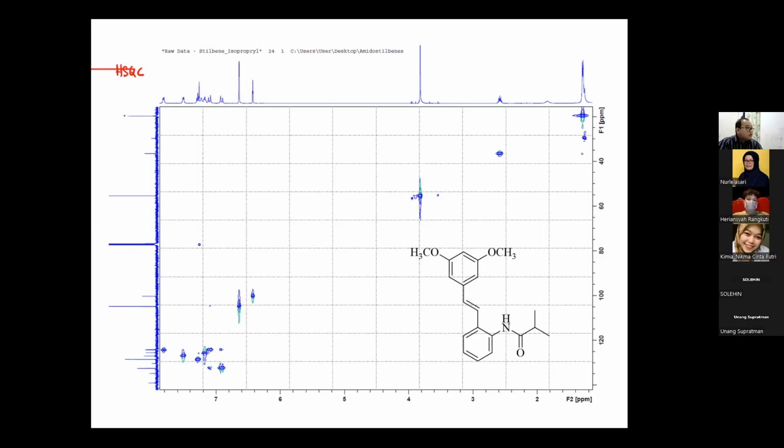So numbering the carbons again: 1, 2, 3, 4, 5, 6, 7, 8, 9, 10, 11, 12, 13, 14, 15, because the HSQC only shows the correlations between carbons that have protons.